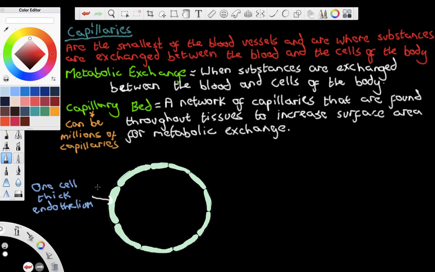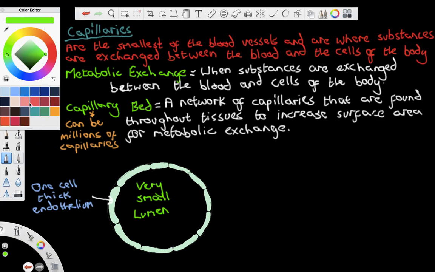They also have a lumen which will only allow one red blood cell through at a time. So it has a very small lumen, and why this is important is because it only allows one red blood cell, or one erythrocyte, through at a time.